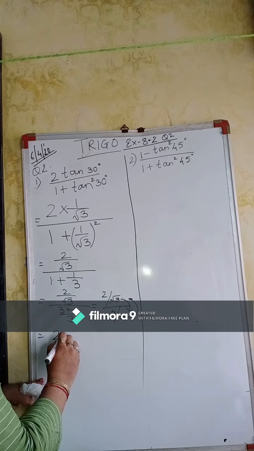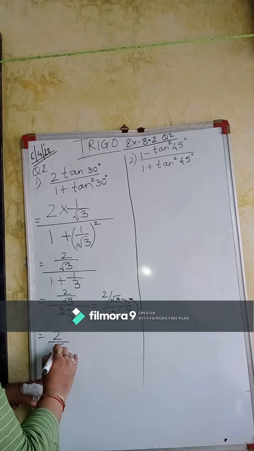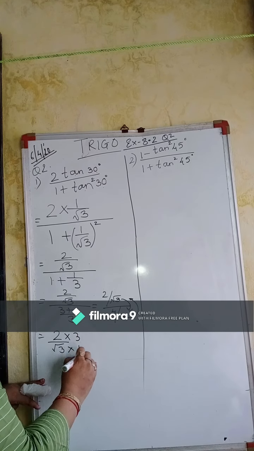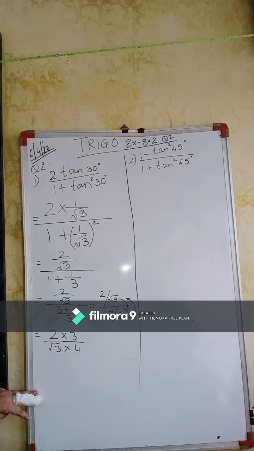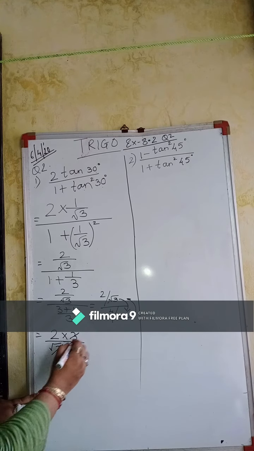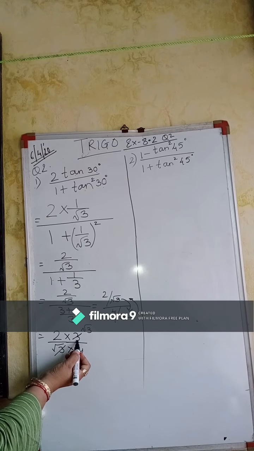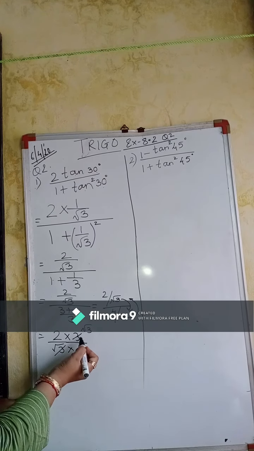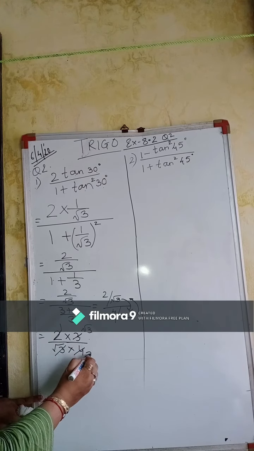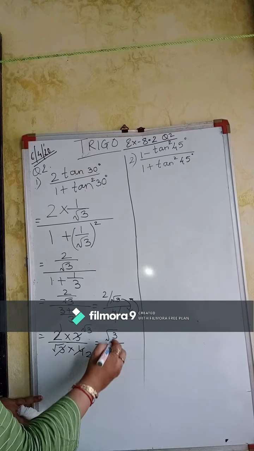So 2 upon root 3 and here it will come 3 upon 4. Root 3 into root 3 is 3, so one root 3 cuts and root 3 is left. 2 ones are 2. The answer is root 3 upon 2.